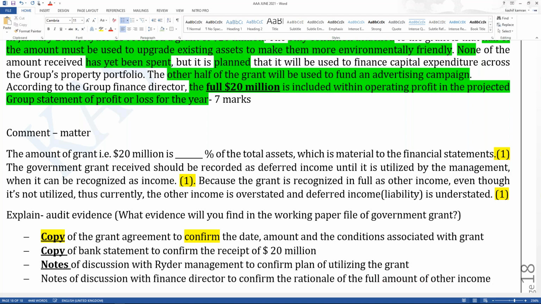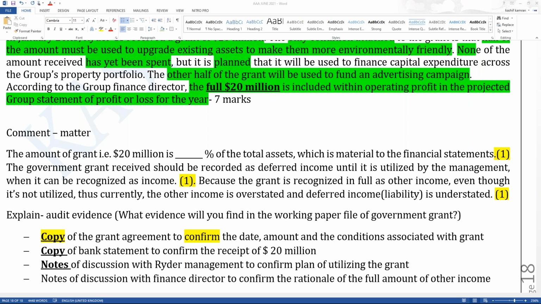So a procedure starts with an action, right? But when you're writing an evidence in the file, you have working papers. So either you have a copy of something or you have a notes of something. The copy and notes is defining the working papers. So these are forms of working paper.